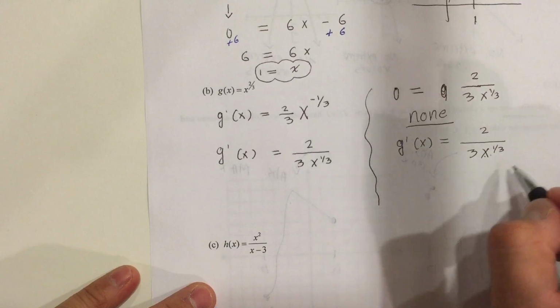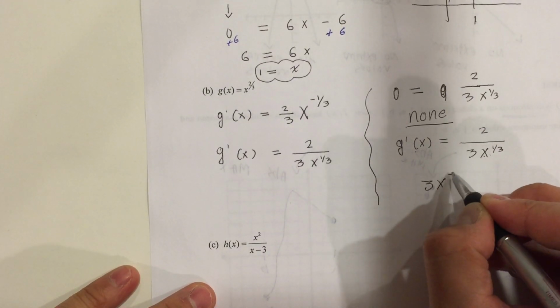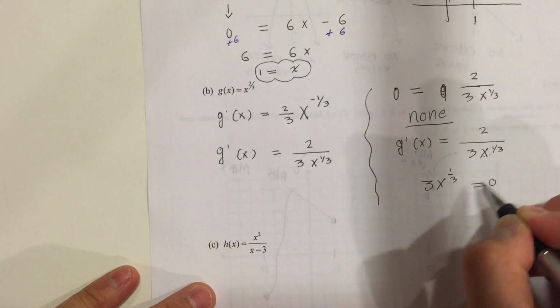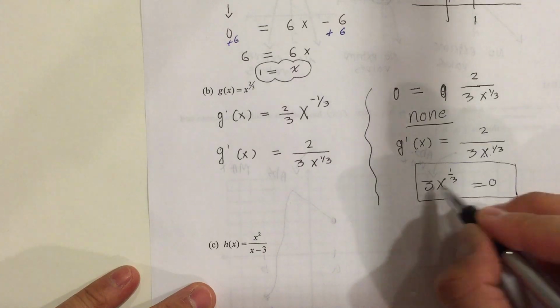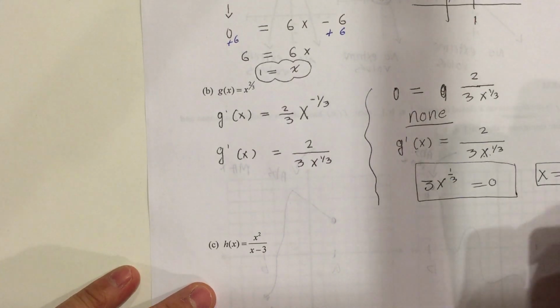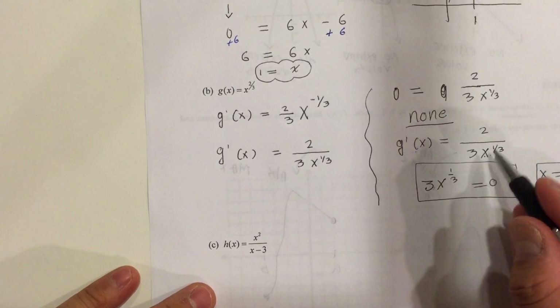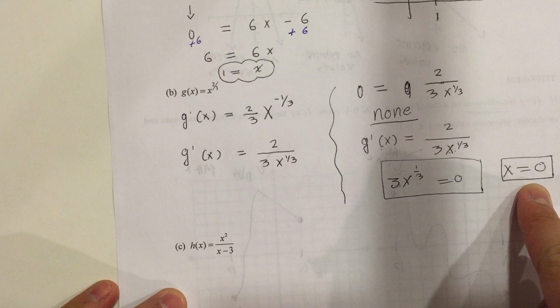So we know that this function is undefined when the denominator equals to 0. And the only way for this statement to be true is when x equals to 0. So at x equals to 0, the function's undefined. That is also a critical point.